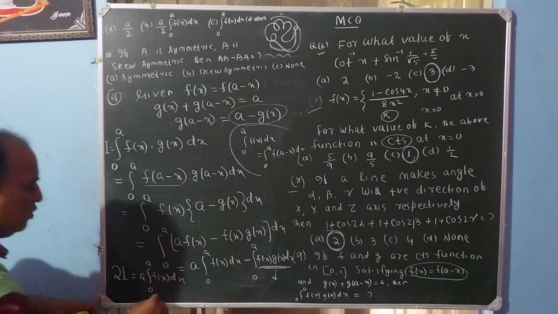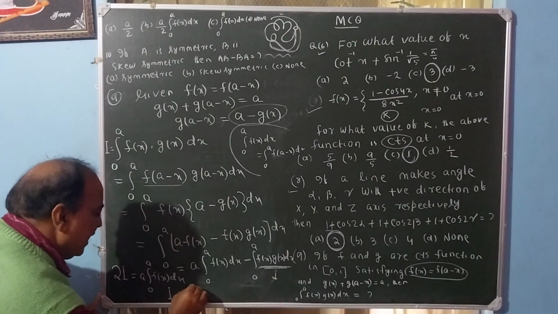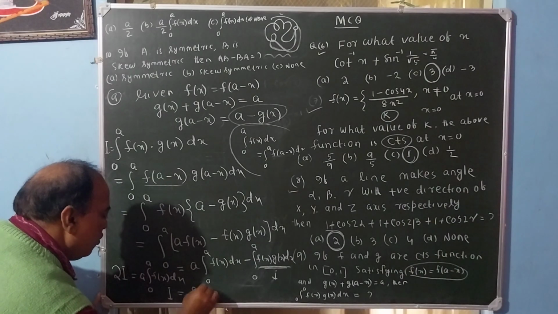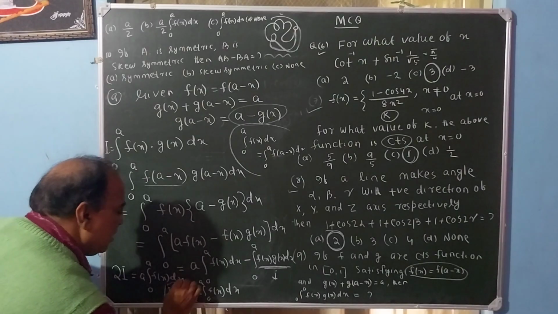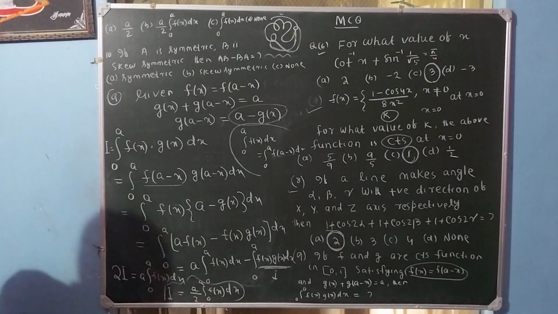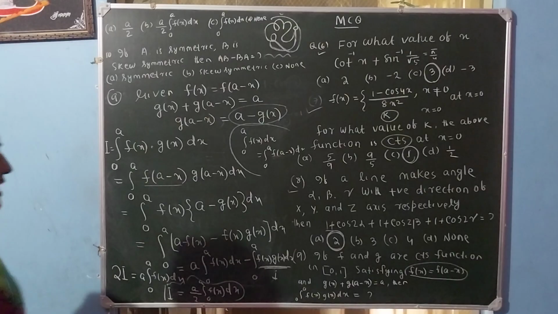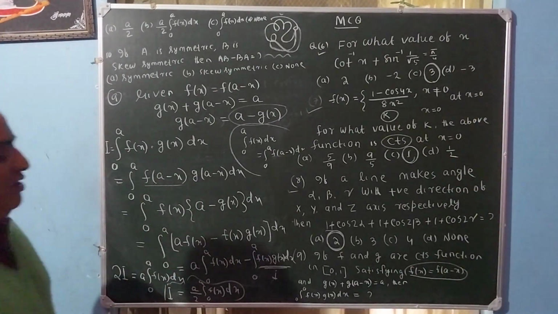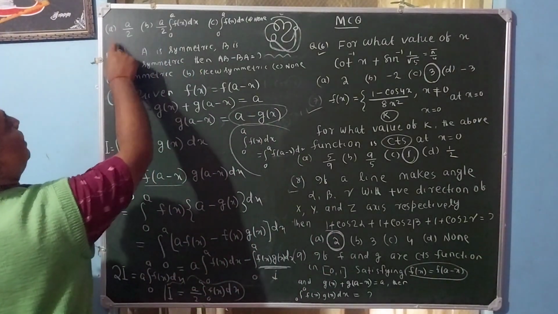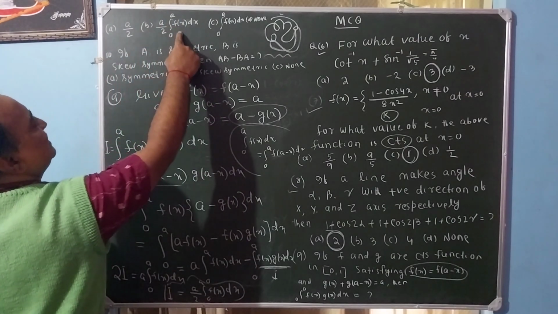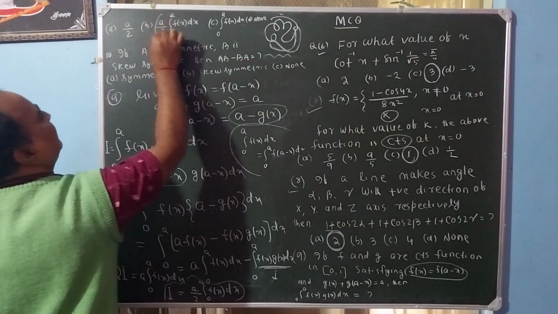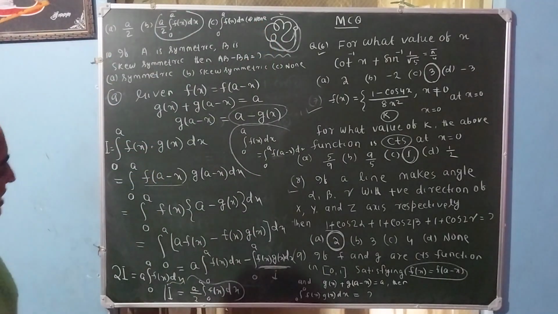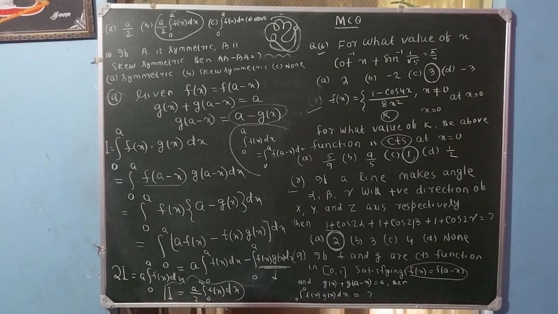So I is equal to a by 2 times integration from 0 to a of f(x) dx. This is the correct answer of this integral. In our choices, a by 2 times integration 0 to a f(x) dx is not listed, so the answer is none. Very important question for your entrance examinations and board examinations.